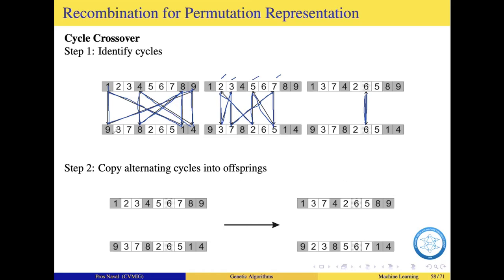For the second offspring, we have 9, 8, 1, 4. For the second cycle, we copy 2, 3, 5, and 7.